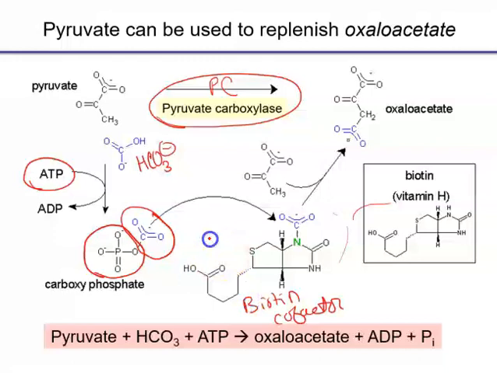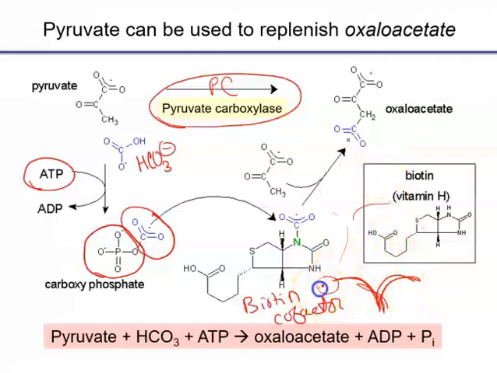So this biotin cofactor is kind of like an arm that can flex from one side to another, and we can pass this bicarbonate from one active site on pyruvate carboxylase to another.